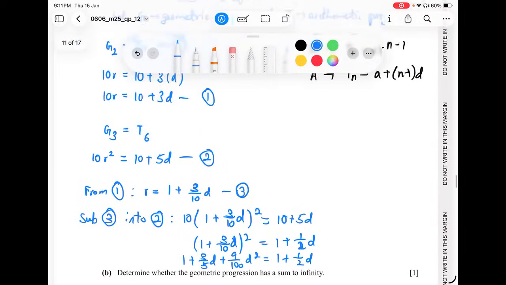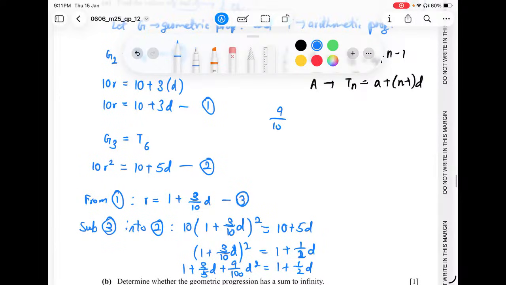And now you bring everything to the same side. 9 by 100 d squared. This 1 and 1 get cancelled. So then 3 by 5 minus the half will be plus 1 by 10 d equals to 0.